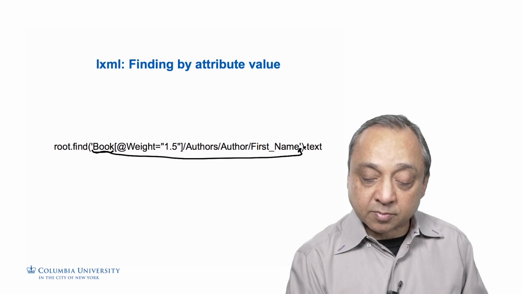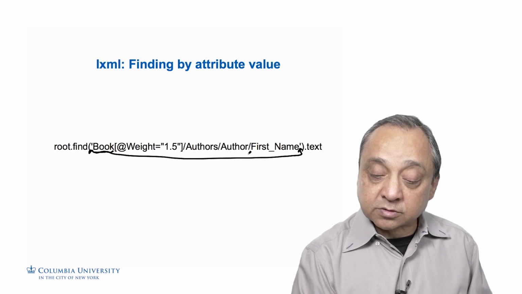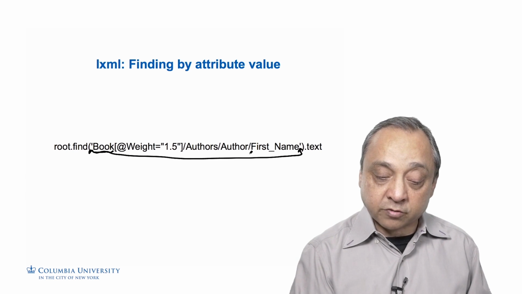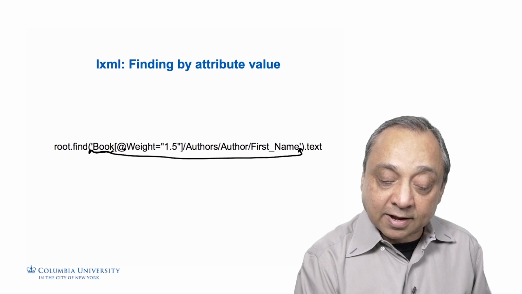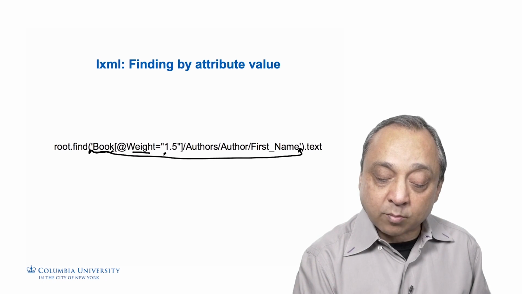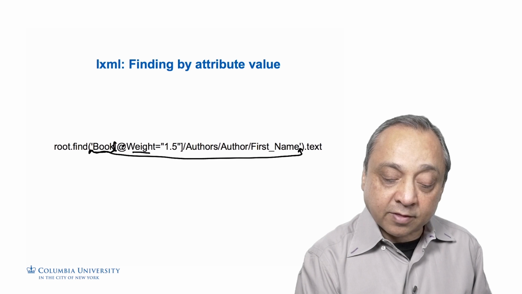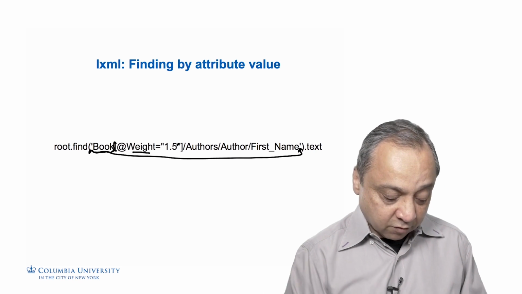So we've got this entire XPath, which in our case will return only one, but if we had findAll, it would return many of them. We want to say that only those books that have a weight of 1.5. The way to specify that is to put in square brackets and then the at sign followed by the name of the attribute, followed by equal to, followed by the value of the attribute.